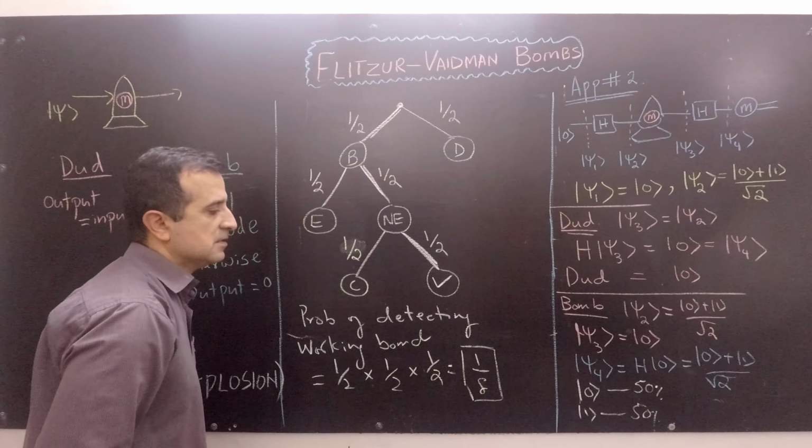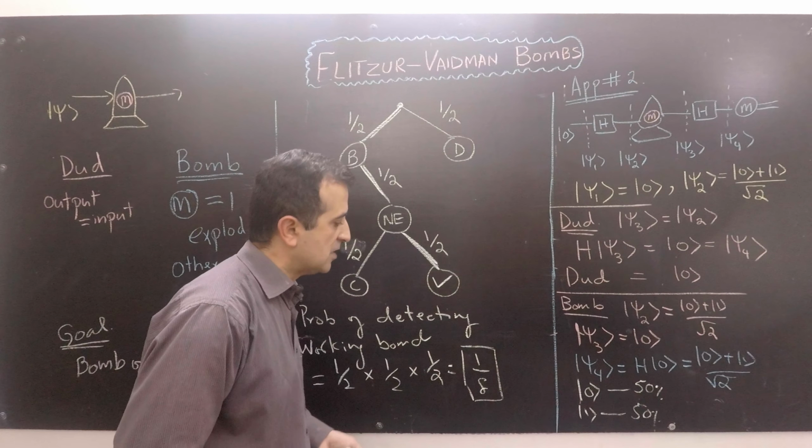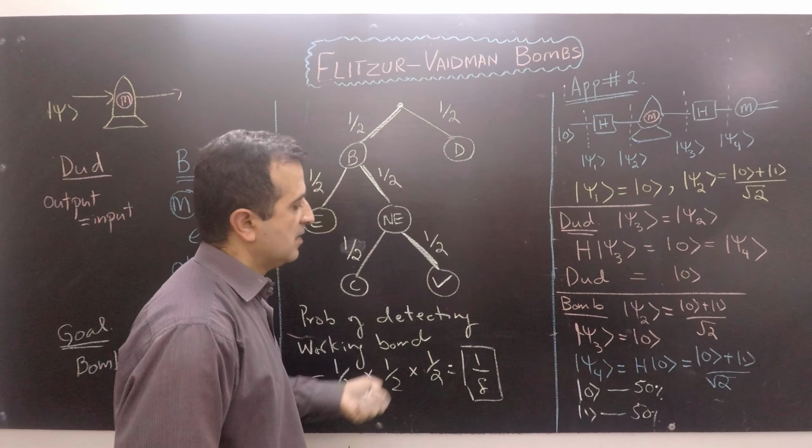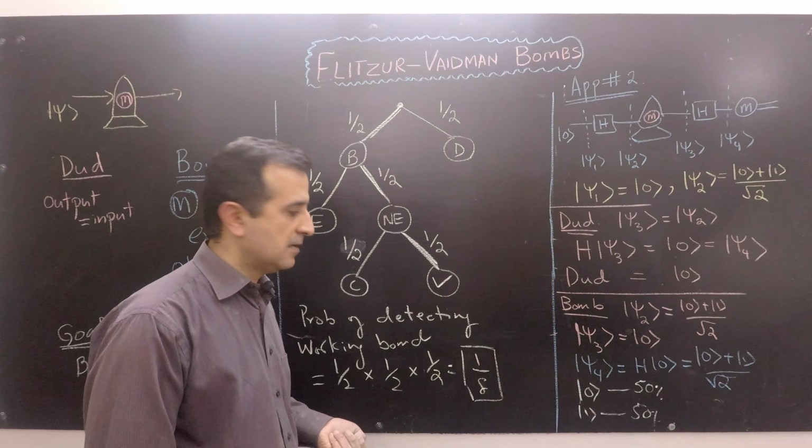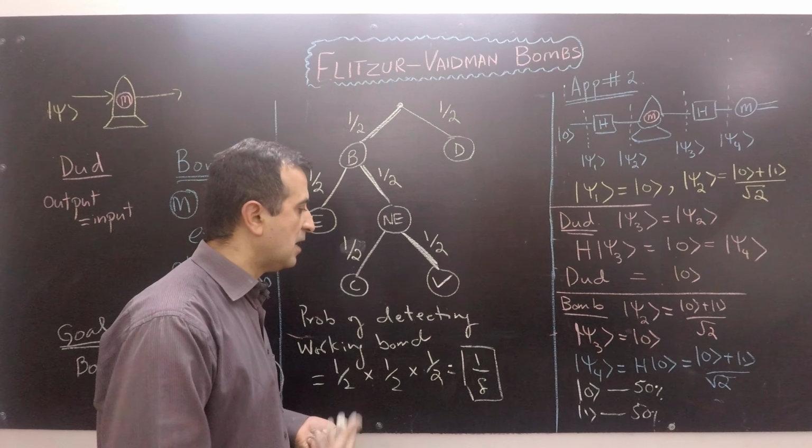So in this second approach, with the probability of 1/8, we are able to successfully detect a working bomb without having to explode it.